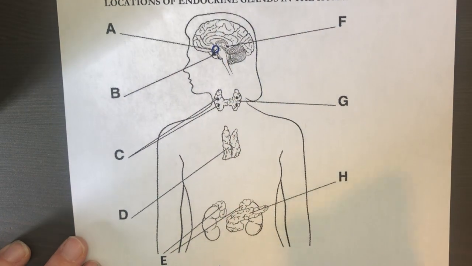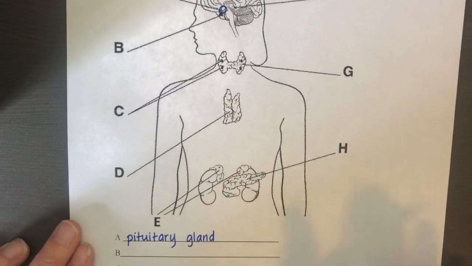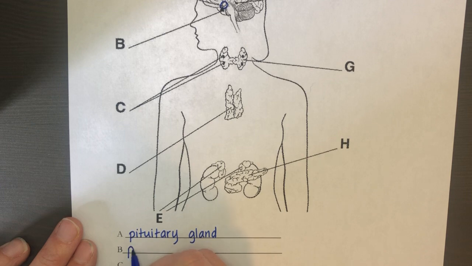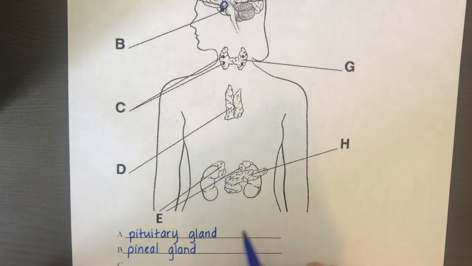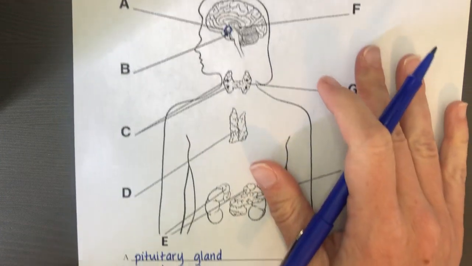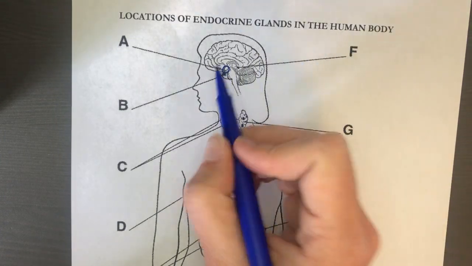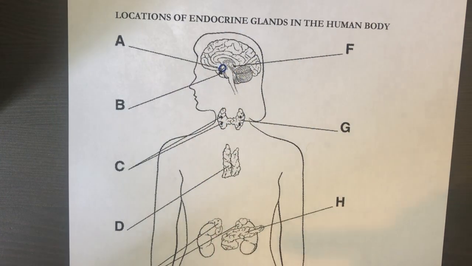Right underneath this, we have another gland that we would call your pineal gland. And then across from that, I want to go ahead and look at F. So F is actually a part of your brain.